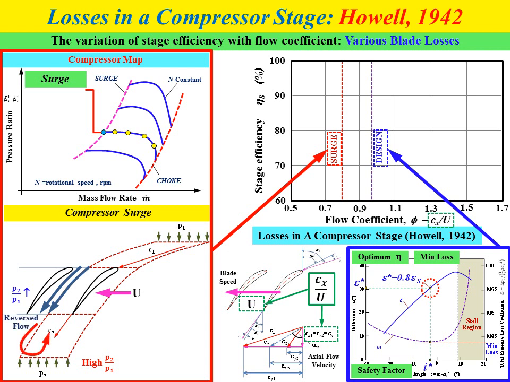So at the high pressure ratio condition, which we refer to as the surge point, reverse flow will occur during the condition, and when reverse flow occurs, the outlet pressure will reduce. So the outlet pressure of the compressor will reduce.